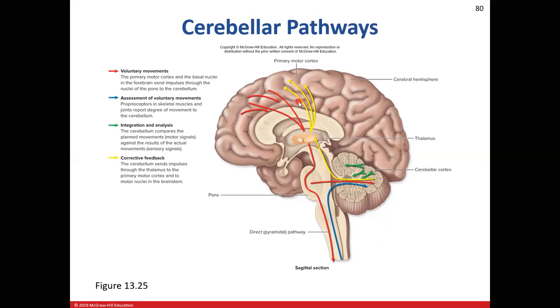So the cerebellum then sends these impulses through the thalamus to the primary motor cortex and then to the motor nuclei in the brain stem. So again, take this graphic and utilize it as a really good understanding of the things that we're looking at when it comes to the cerebellum and how it processes both motor information and sensory information.